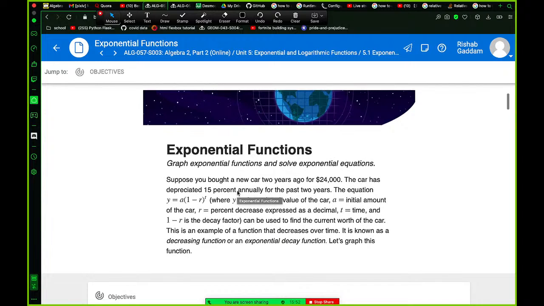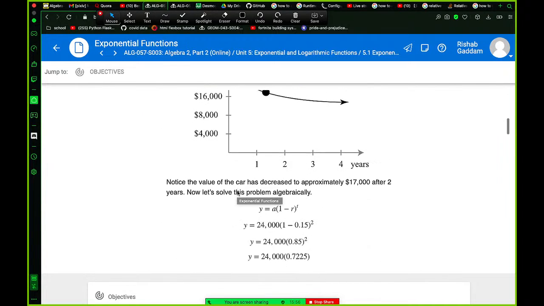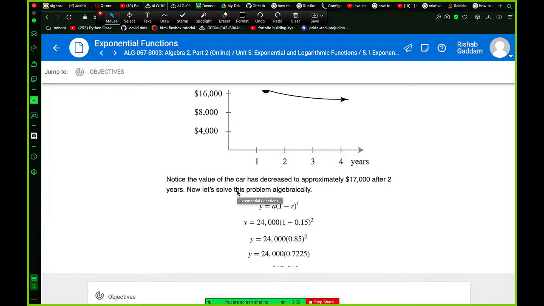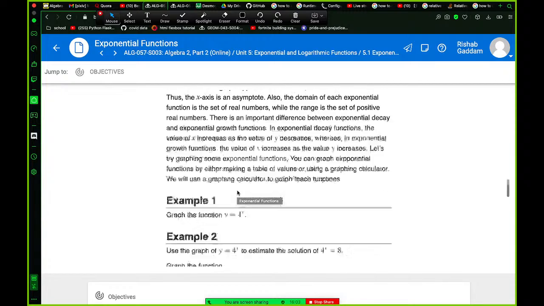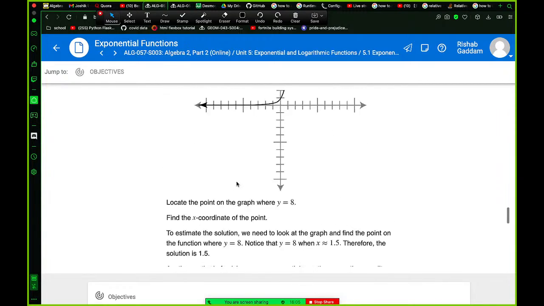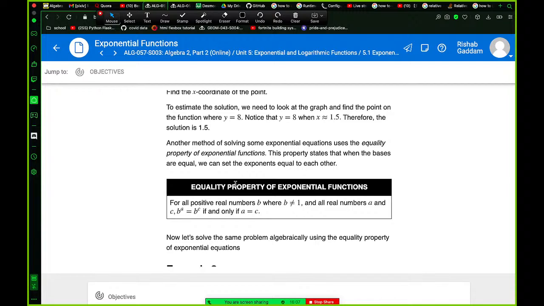So yeah, graph exponential functions and solve exponential equations. Super easy, simple stuff. I don't think we even need to look at the explanation for this. Okay, so equality property of exponential functions.